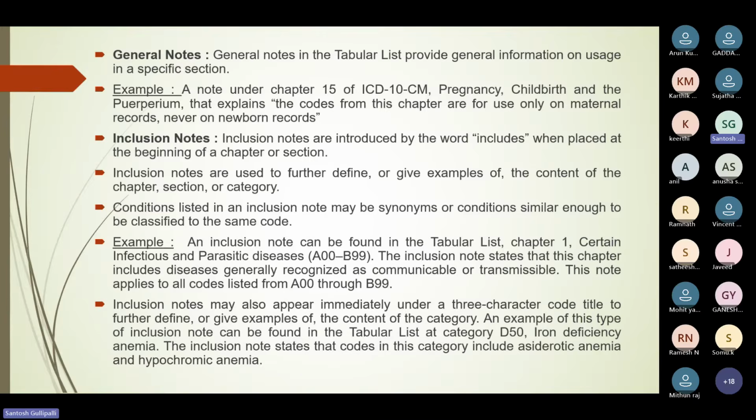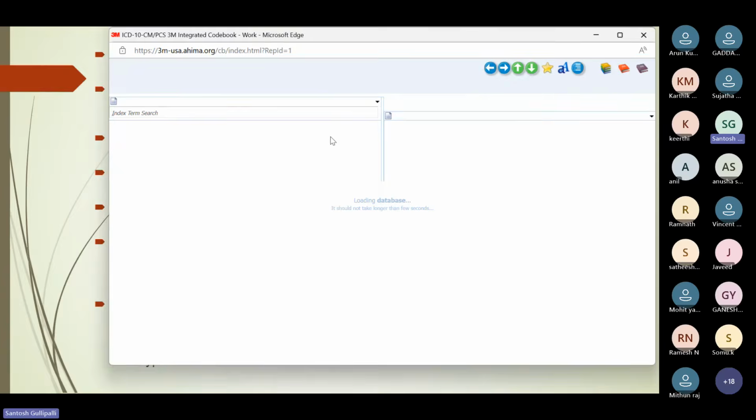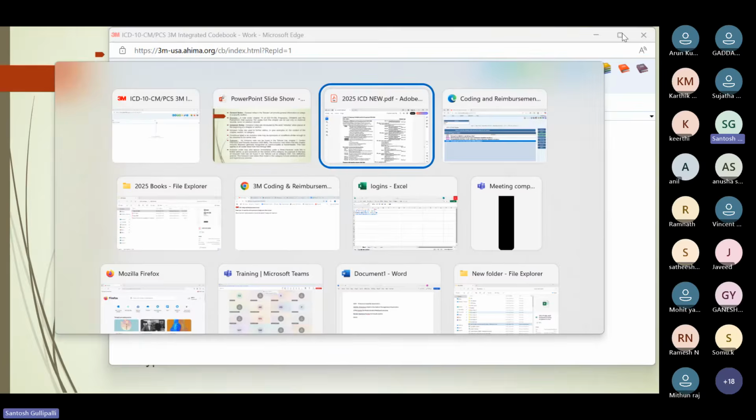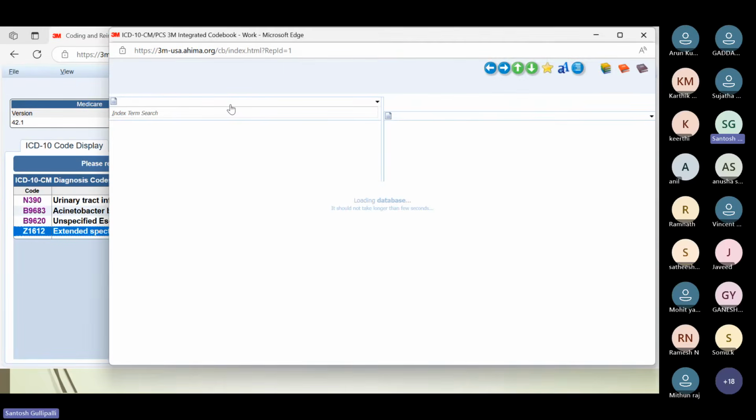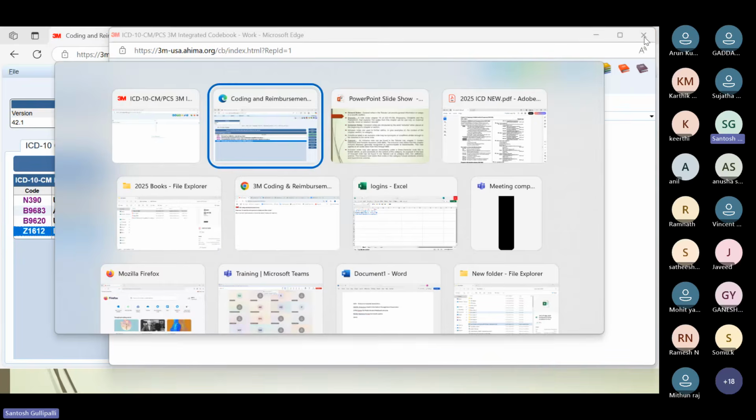Inclusion. Okay, I will show you what is meant by inclusion notes. For example, we will search an anemia diagnosis code.